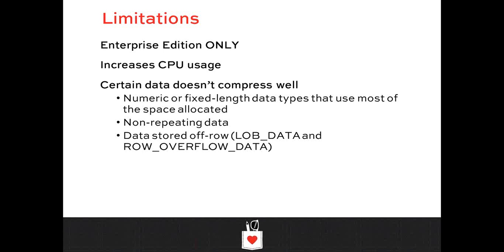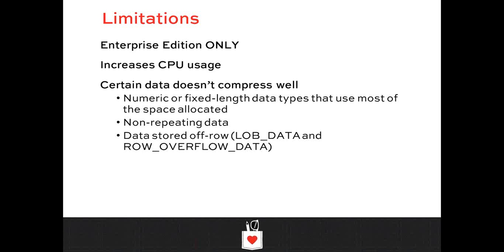So if you have a database server that's hovering at 30-40% CPU usage normally, sure, no big deal. If you have a CPU that's normally pegging out at 80-90%, I would reconsider doing compression here. The other thing is that some data just doesn't compress well.